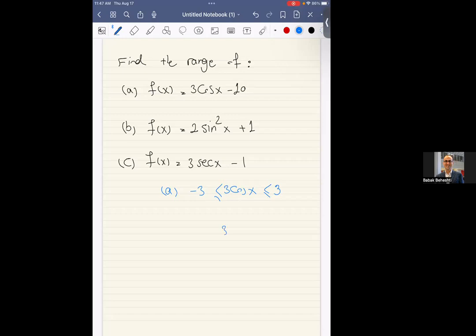So that means 3 cos x minus 10 is less than or equal to 3 minus 10, and bigger than or equal to -3 minus 10. So the maximum of this function is -7. Its minimum is -13.